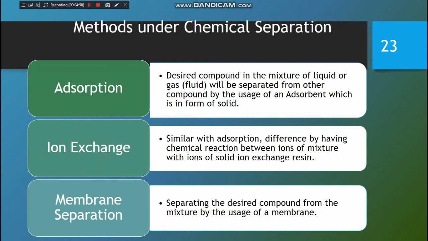And actually there are several descriptions concerning membrane processing, which is one of the methods of separation under chemical separation. For example, the membrane itself is a relatively thin solid membrane that controls the rate of movement of molecules between two phases.